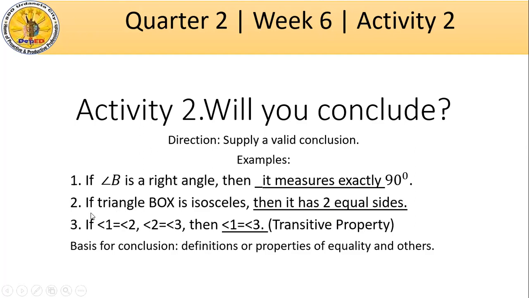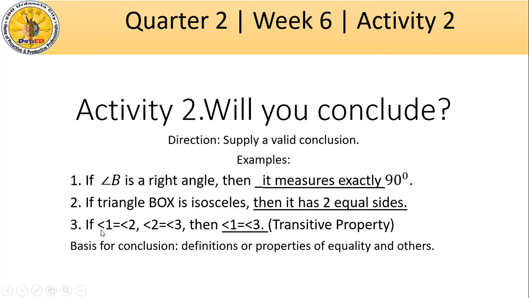Number 2: if triangle BOX is isosceles, then it has 2 equal sides. Why? Because according to the definition of isosceles triangles, it has 2 equal sides.